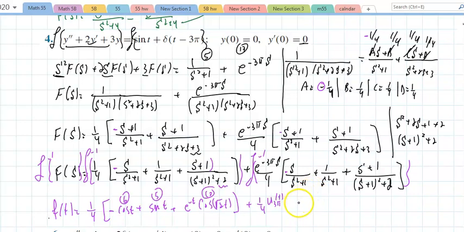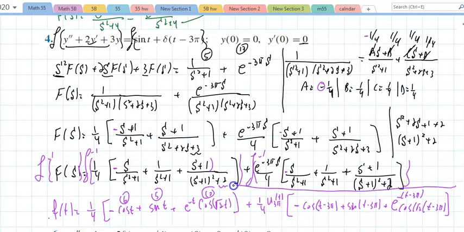And that's going to really yield a negative cosine of t minus 3 pi plus the sine of t minus 3 pi, plus e to the negative t minus 3 pi times the cosine of radical 2 into t minus 3 pi. And that would be my final answer.